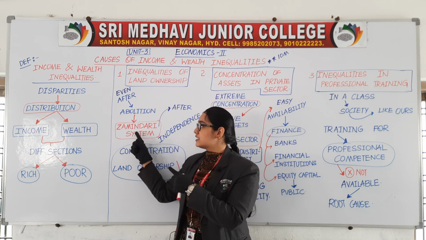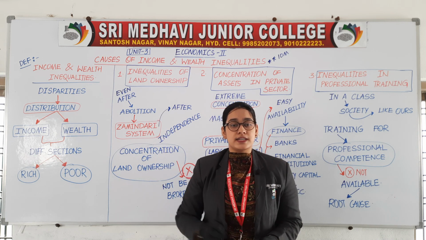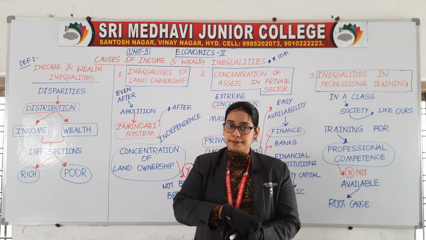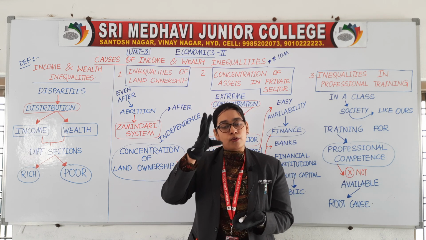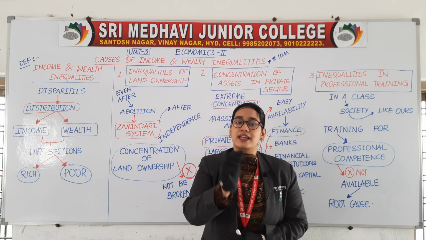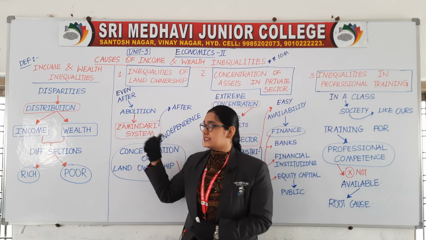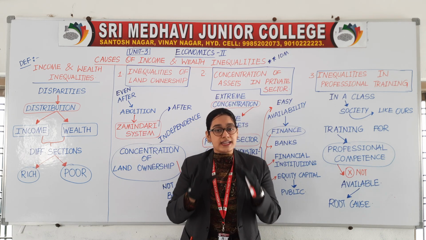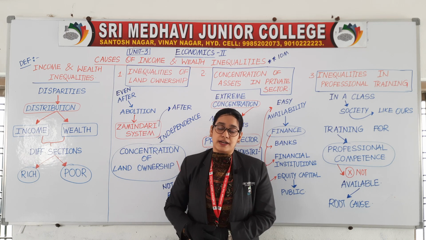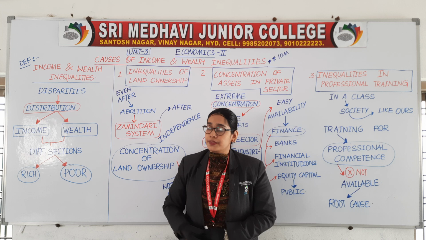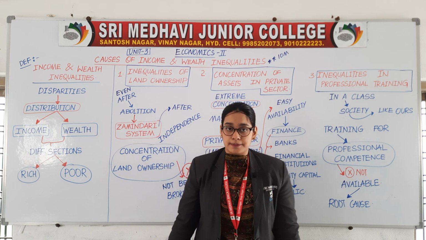So zamindars used to exploit our innocent poor farmers by occupying their land and making them work without limit from morning to night and giving very little wages. That is called the zamindari system, which is a very dangerous and harmful system before independence.